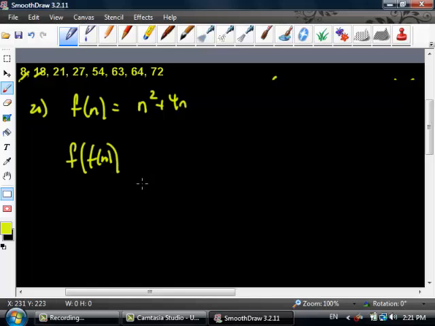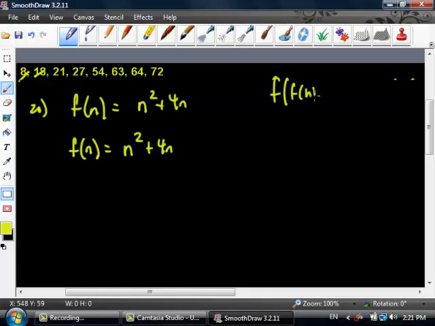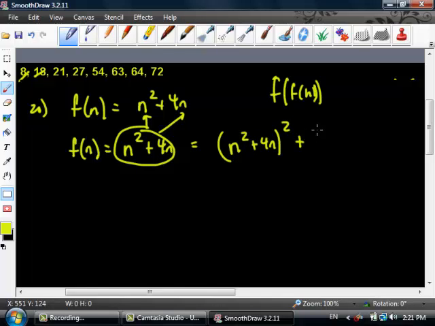Now, when they ask you to find a composite function of itself, sometimes it helps to write the function over again. Remember, they're asking you to find f of f of n. So what that means is they're asking me to take this and plug it into here and into here. So what that looks like is n squared plus 4n squared plus 4n squared plus 4n.